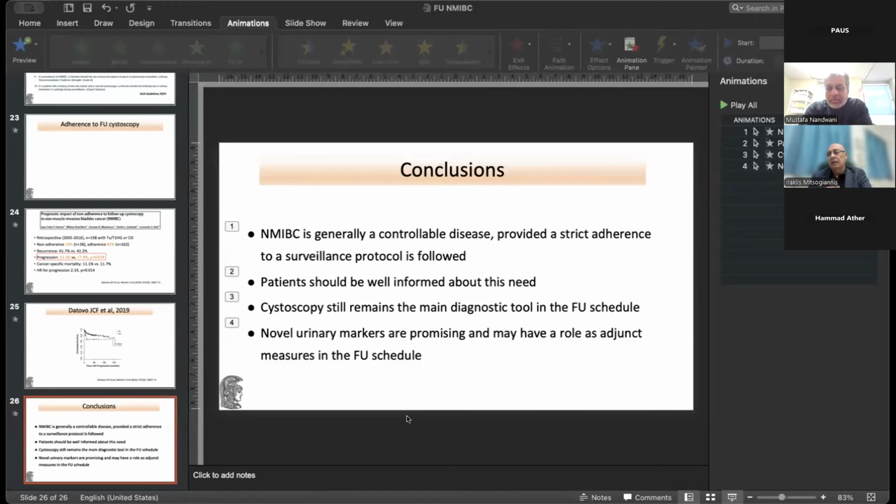Despite the fact that some of the papers did not really opt for this, I think it is important that at some stage we should use them, just to identify some of the suspicious areas which are indicative of recurrence. The markers, I think we were far away from putting them in the daily practice.